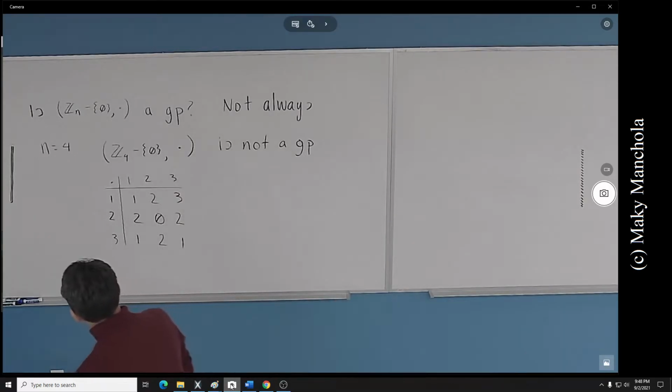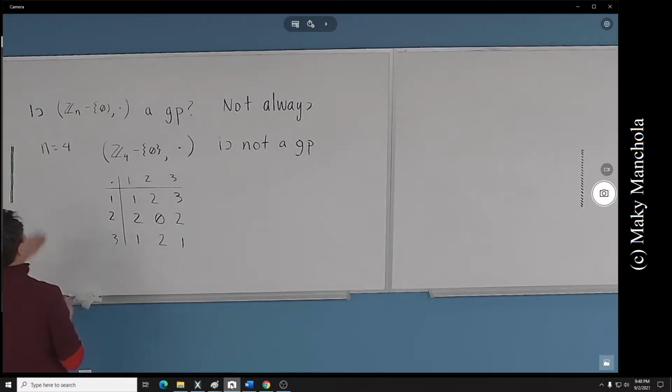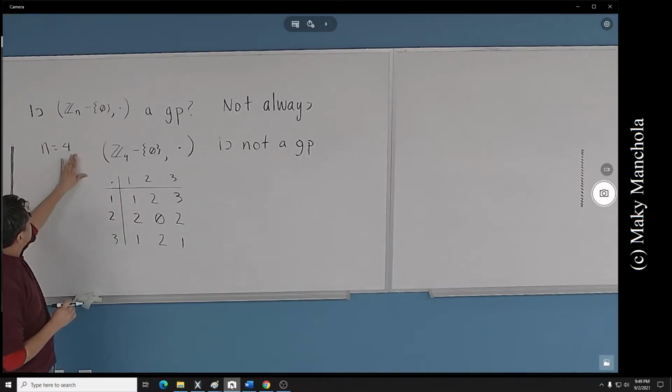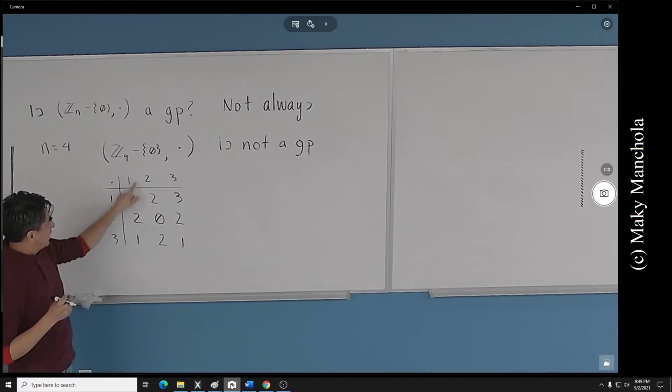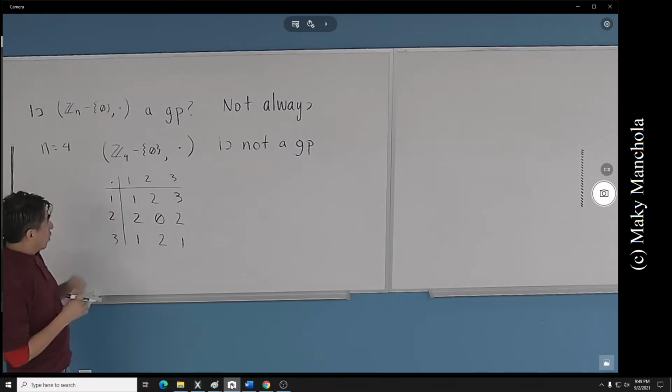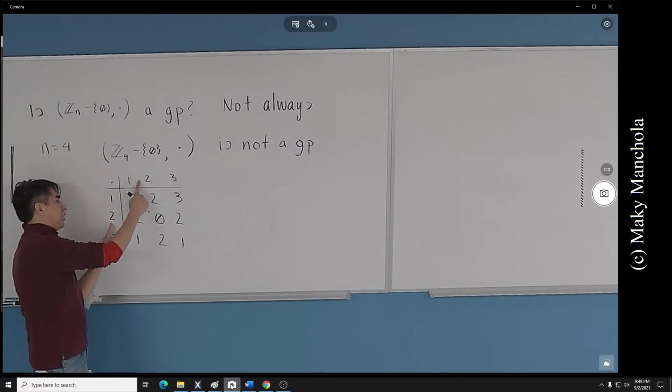Okay, so let's now generalize to see what failed in this particular example. What failed? Well, one instance is that the closure didn't happen. Observe that at the time we didn't get closure, the product gave a remainder of 0 when divided by 4.